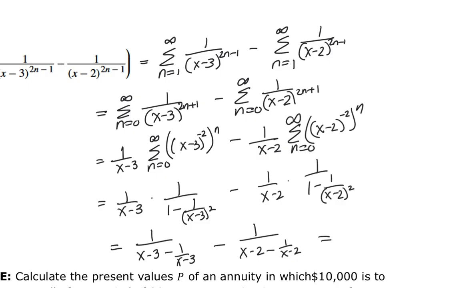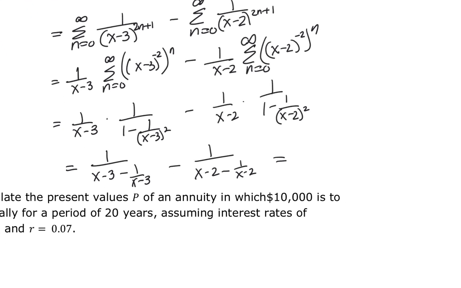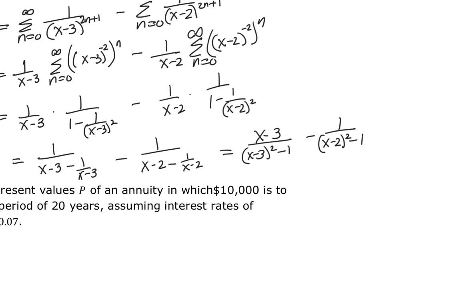Multiplying by my magic 1, which is either x minus 3 over x minus 3 or x minus 2 over x minus 2, I'm going to have x minus 3 over x minus 3, the quantity squared, minus 1, minus x minus 2 over x minus 2, the quantity squared, minus 1.